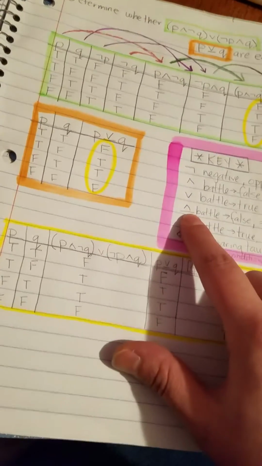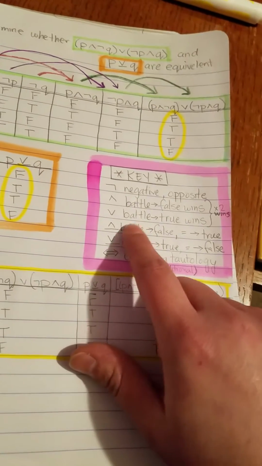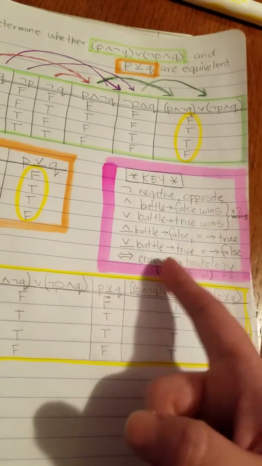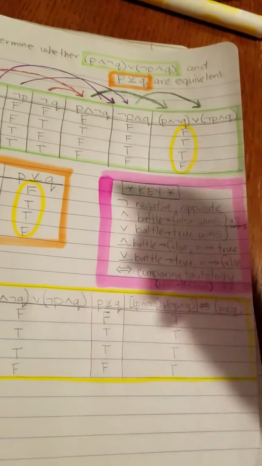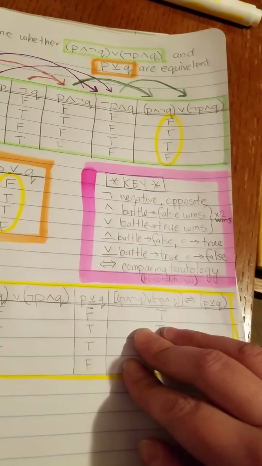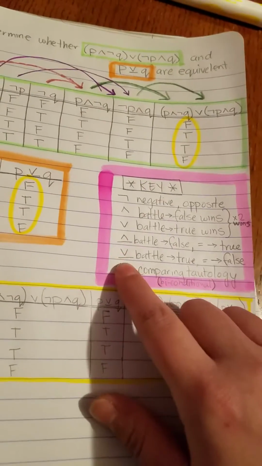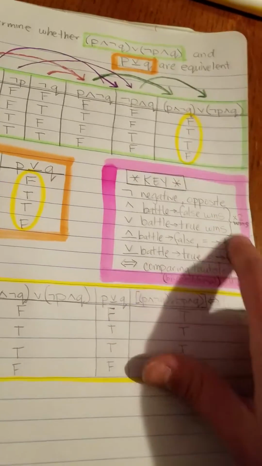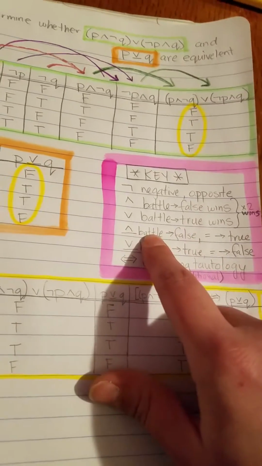So now these symbols right here with the line underneath, this is the same thing. If there's a battle, if it's pointing upward, it's false. Think about upward as false, like they're making it up. It's false. And then downward would be true, like set in stone, in the ground. It's true. Can't change it. And then the line underneath means that if they equal, it's basically the opposite of if they weren't equal.